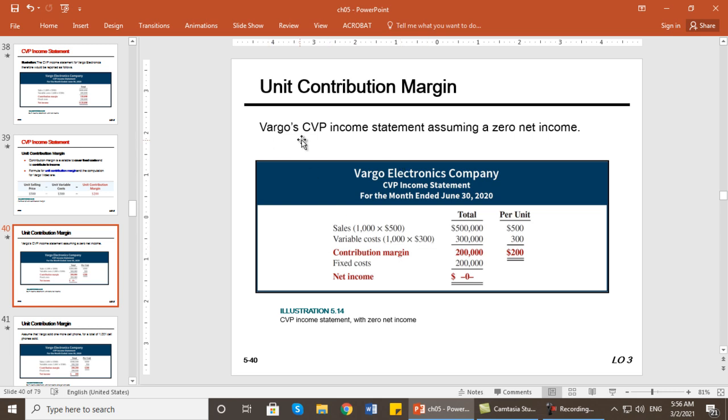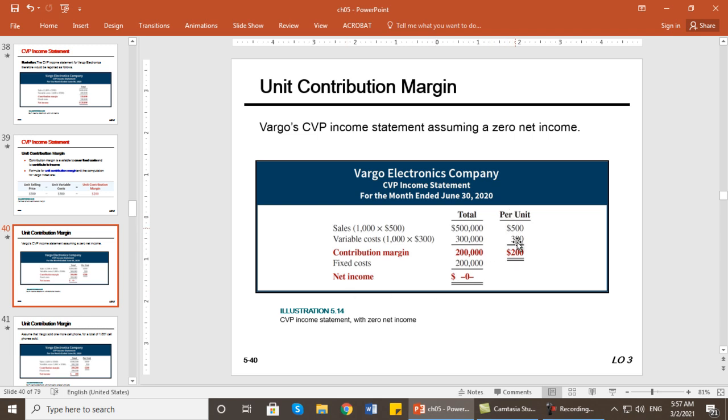Now, the cost value profit income statement assuming a zero net income. If we sold only 1,000 units, the sales are 500,000, less variable cost of 1,000 units times 300, contribution margin 200,000, fixed cost 200,000, net income zero.